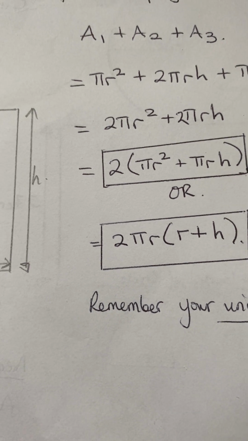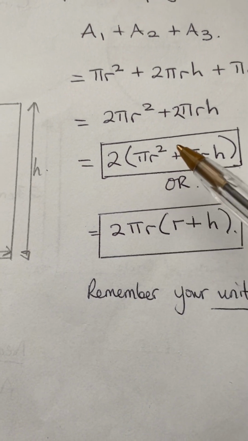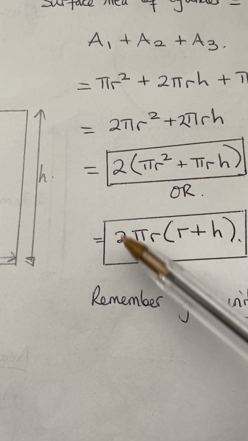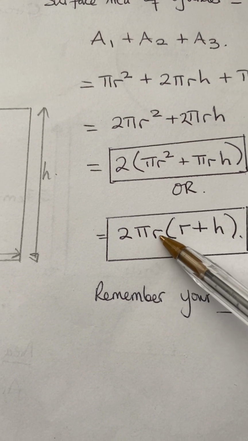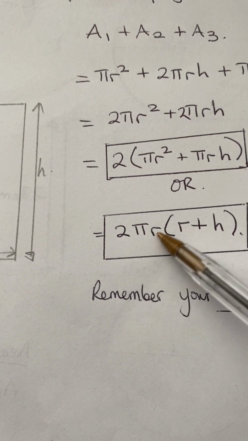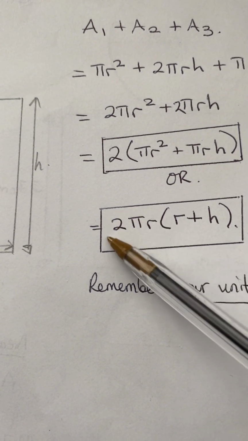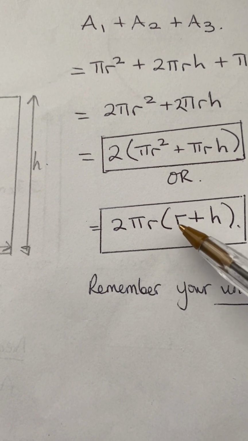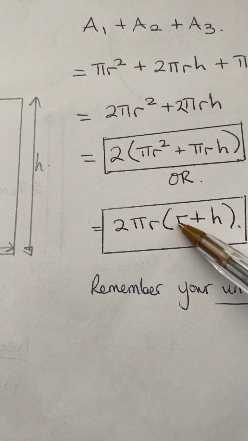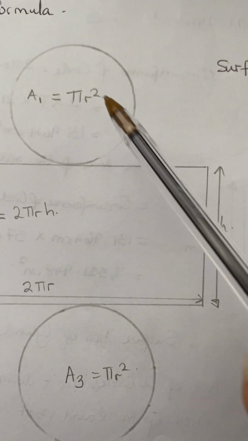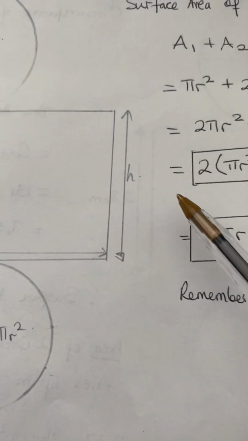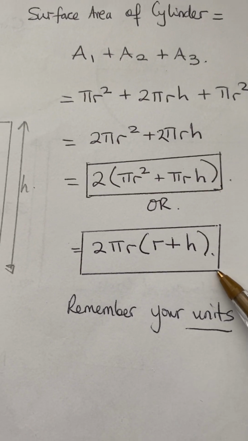Or if you bring out 2 pi r, which is the circumference, then into the bracket you add the radius to the height there.